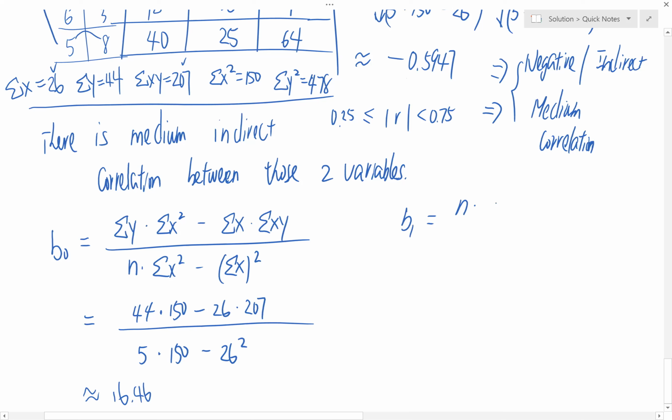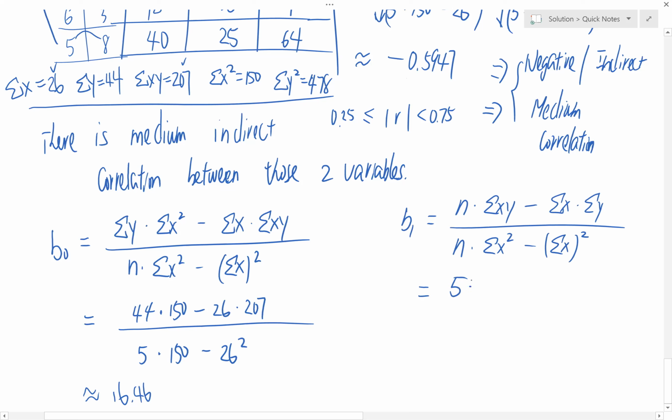Copy the formula: n times summation xy minus summation of x times summation of y, then over n times summation of x squared minus summation x, parentheses squared. One more time, let's extract all the numbers from the prep work.